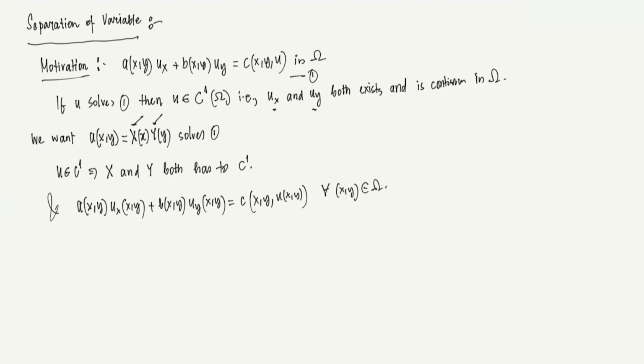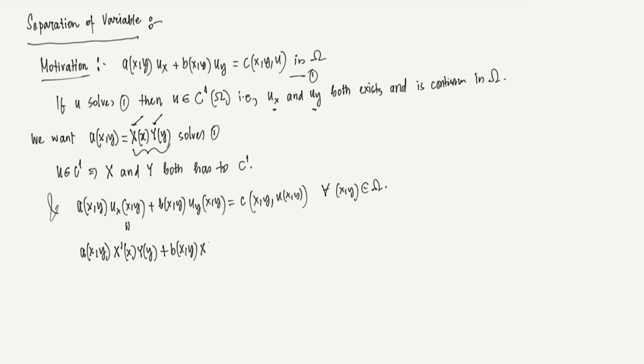So you see, if u(x,y) looks like this, then for all x, y, if you replace it here, this should satisfy this thing. If you put it here, this is X prime. Y is just a function of y, so u_x does not affect Y. So this becomes a(x,y) X'(x) Y(y) plus b(x,y), and what does u_y say?